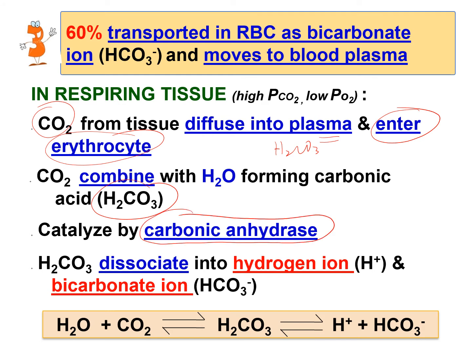Because it is catalyzed by carbonic anhydrase, an enzyme, this reaction occurs faster. Then carbonic acid dissociates into hydrogen ion and bicarbonate ion. I remind you, all of this occurs in the erythrocyte.